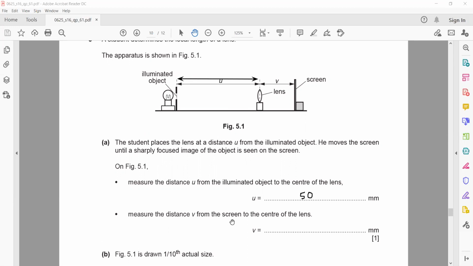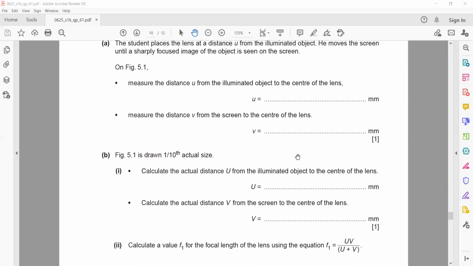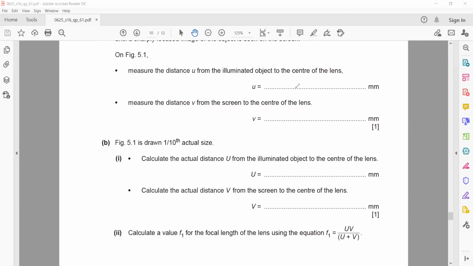Then measure the distance v on the screen. So what will be the distance v? Example 20 millimeter. But in the exam you will measure with a ruler scale. So this was 50 and this is 20.